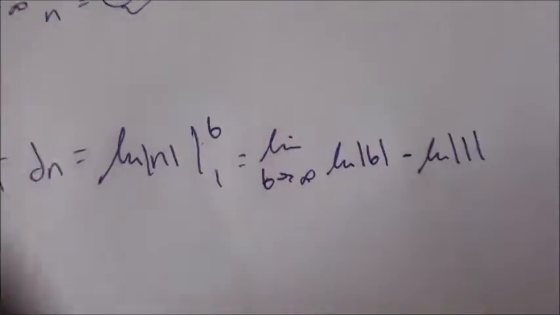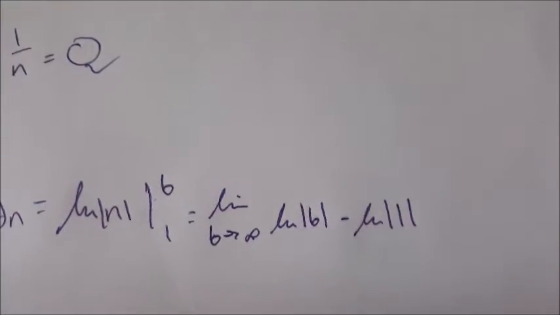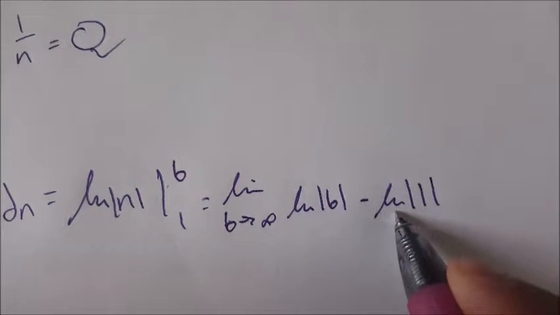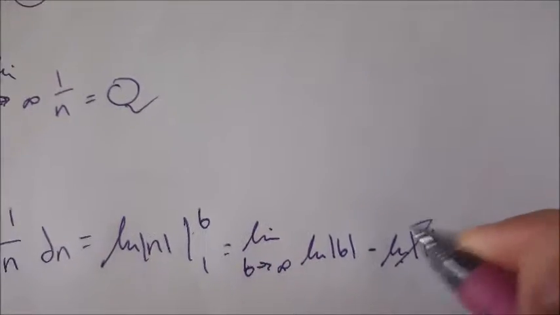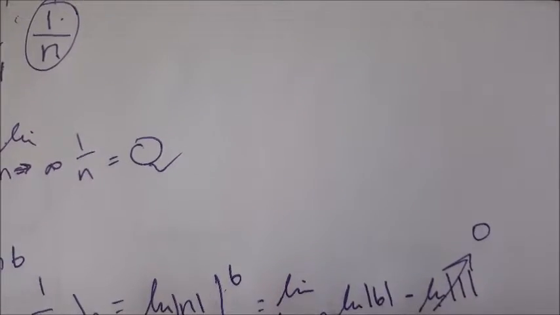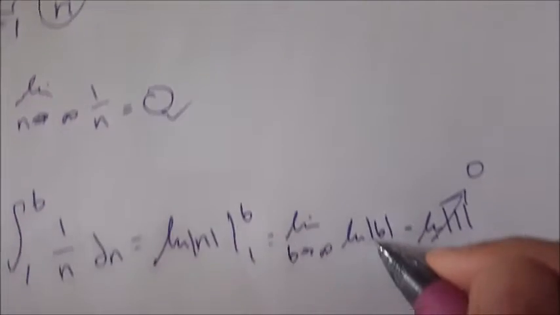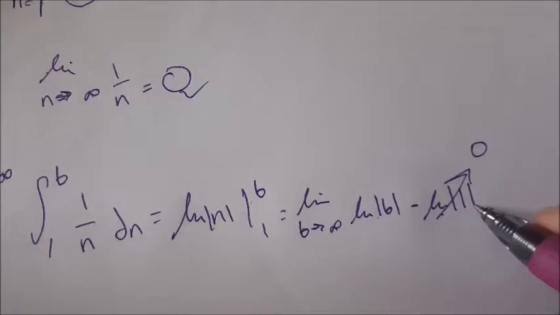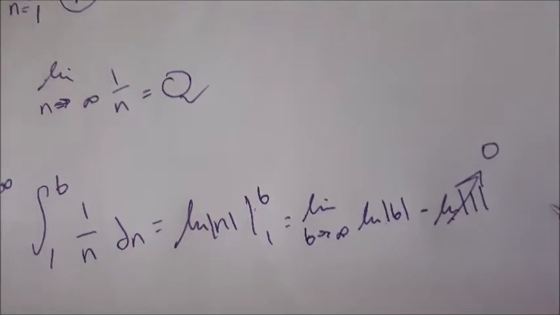So what's the natural log of 1? It's just 0, so we get rid of that. Now we just have the limit as b approaches infinity of the natural log of b.